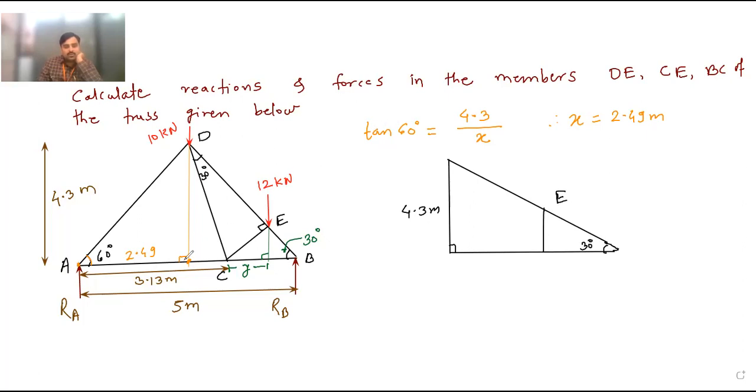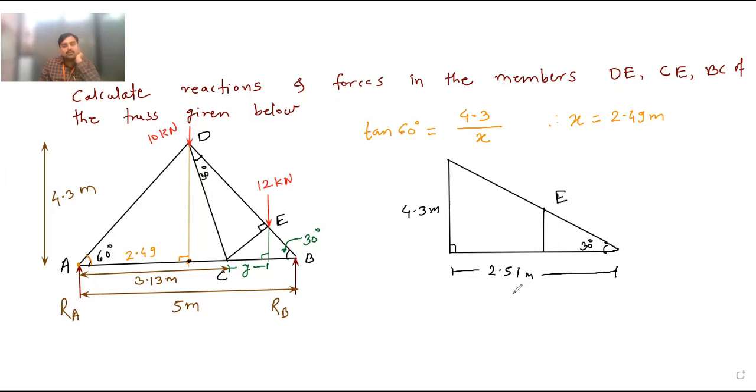See, A to this point, the distance is 2.49, means near about 2.5. So from this point to point B, this total distance will be 2.51.